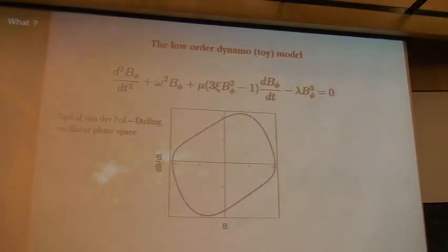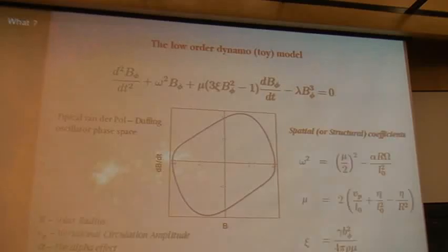Depending on coefficients omega, mu, chi, and lambda, you might have stable solutions, growing solutions, or decaying solutions. So these are the grouped things: omega, mu, chi, and lambda.